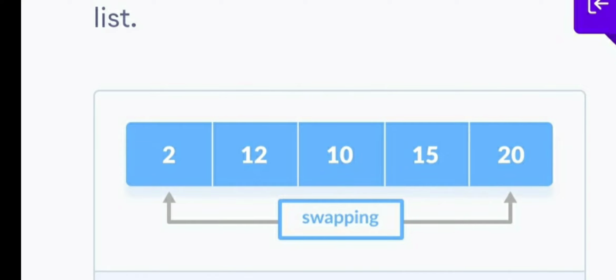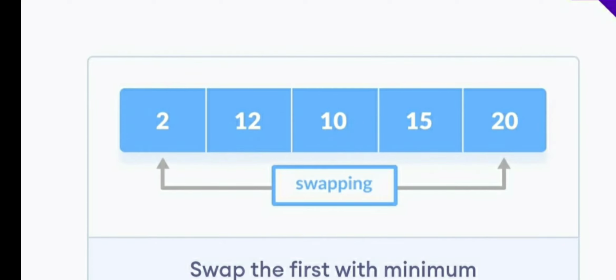After swapping, 20 is replaced with 2, and now this list, 2, 12, 10, 15, 20, has completed the first iteration, but it is not a sorted array, because we just completed the first iteration and the smallest element is placed at the beginning of the unsorted list. I mean 2 is placed at its appropriate position, right?